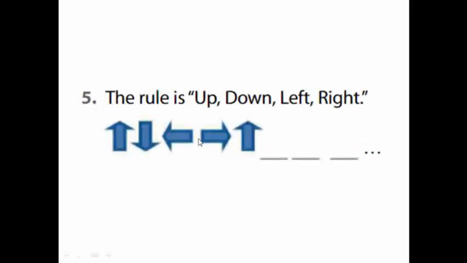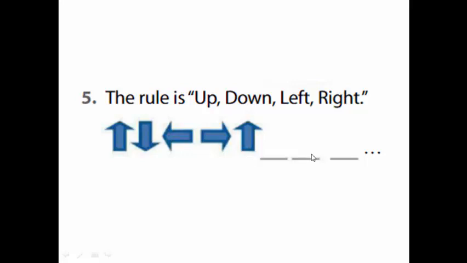We have here question number 5, which says complete the next three. I have here missed 3 shapes, and we have this rule. This rule says up, down, left, and right. Let's start by following this rule. Up, down, left, and right.